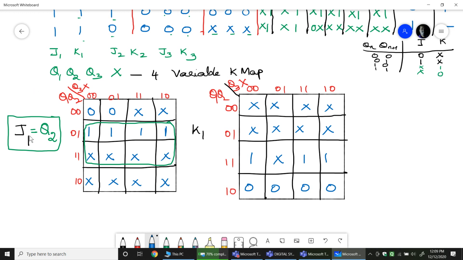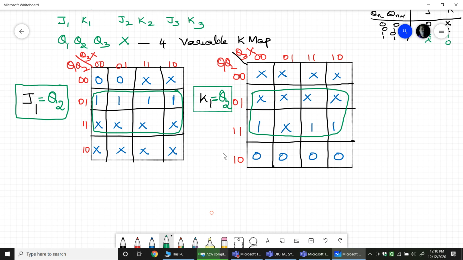Like how you looked into J1, now you should look into K1 when X equals 0 and K1 when X equals 1, and you put the entry into the K-map. Now when I group it, this 8 bit will be grouped. So therefore you will end up getting K1 equals again Q2 only. K1 is also equal to Q2.